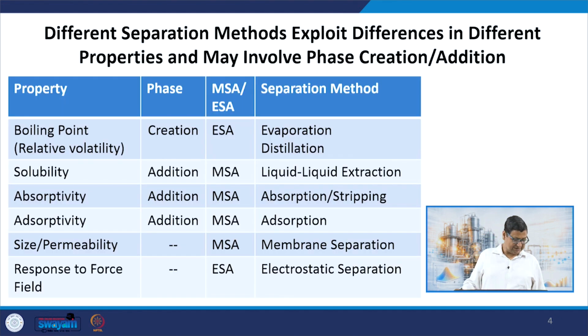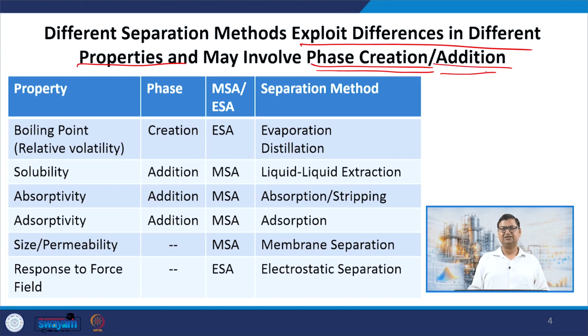Okay, so as I said, in order to separate two components of a mixture, we need to exploit a difference in some property of the components in the mixture, and it typically involves either a creation of a phase or addition of a phase, right? So let's say, for example, distillation.